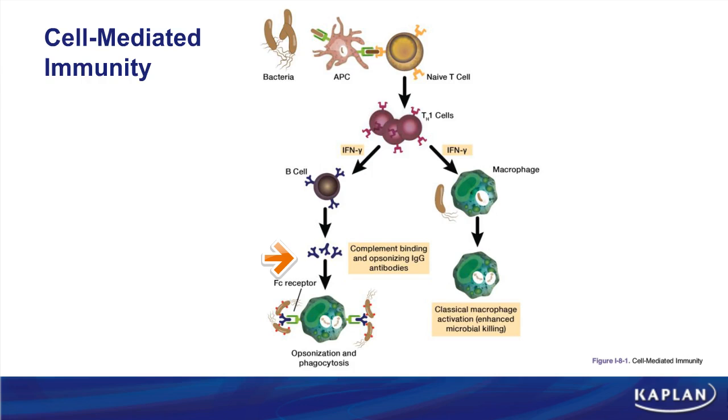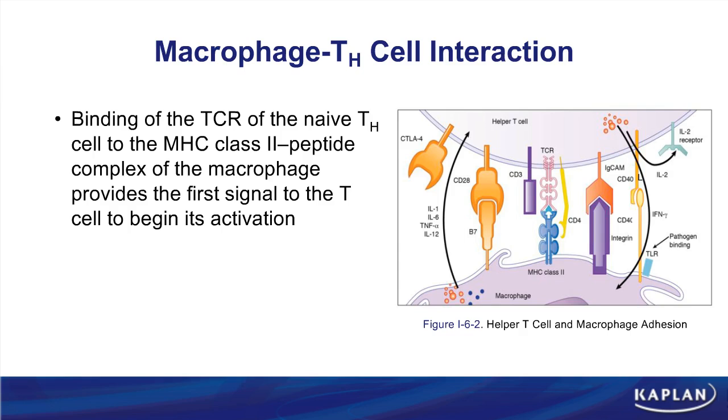The antibodies can also serve as opsonins, and you can even use these IgG antibodies to initiate the antibody-dependent cellular cytotoxicity.